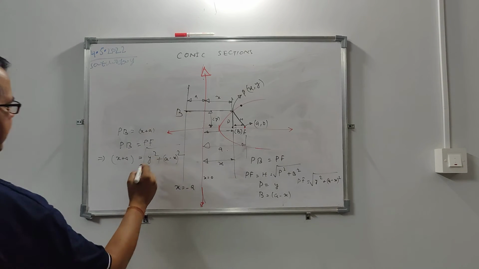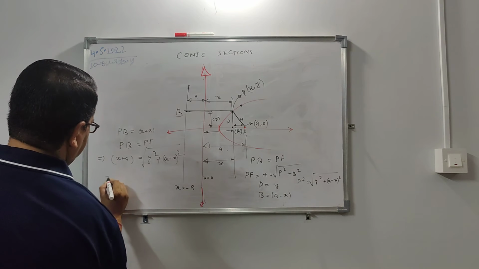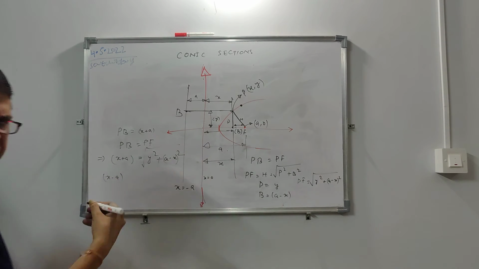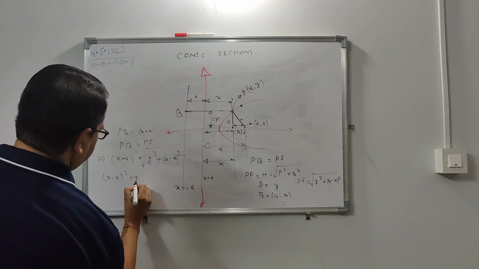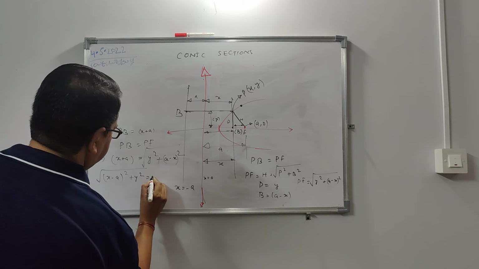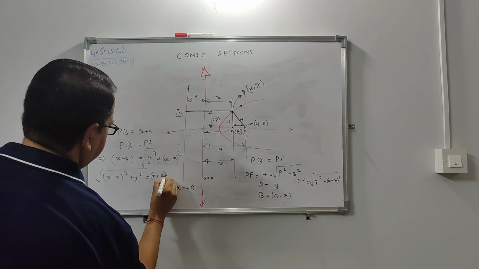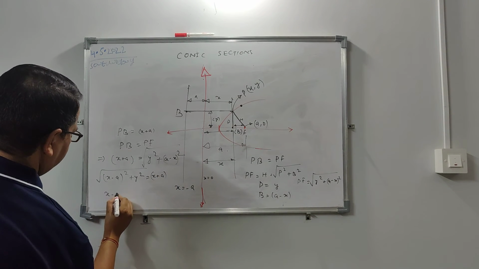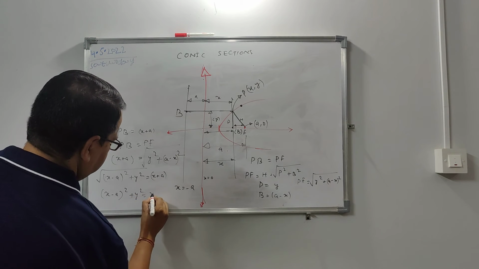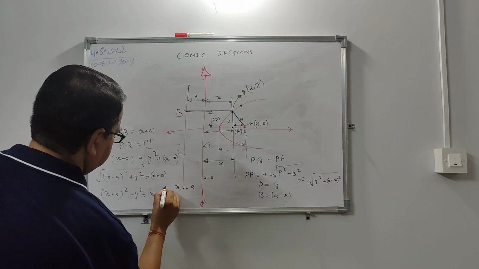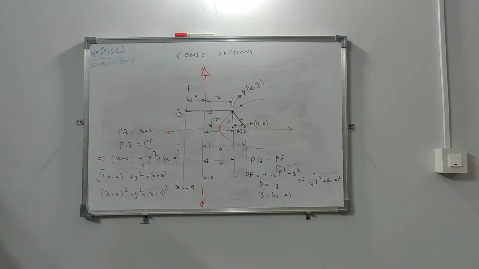This a minus x can also be written as x minus a; the square doesn't matter. So the square root of x minus a whole square plus y square is equal to x plus a. You have to square both sides: x minus a whole square plus y square is equal to x plus a whole square.